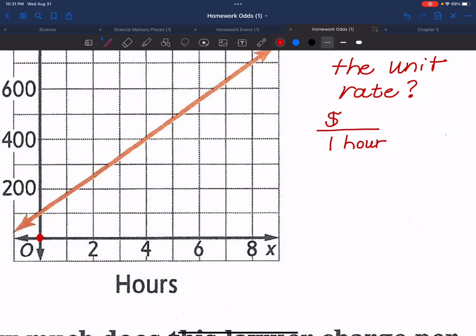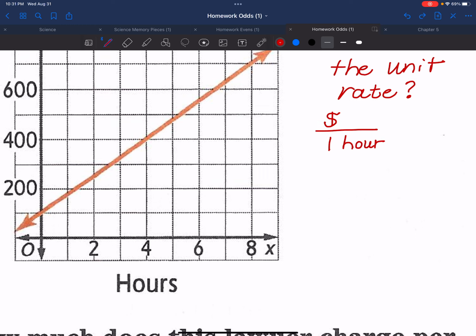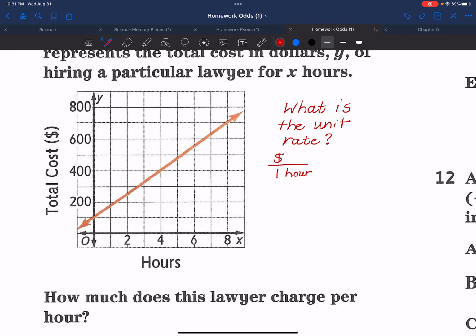And you notice that this line does not touch 0, 0. So I can't just read the graph, unfortunately. I'm going to have to calculate the slope, because I know that slope is the same thing as a unit rate. So we need some points, and I guess we just will have to pick some at random.